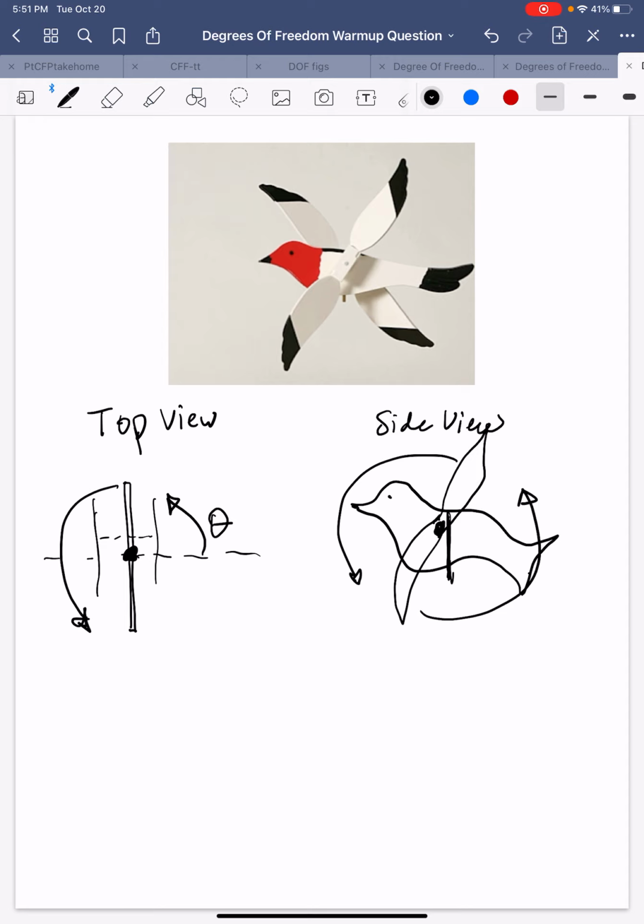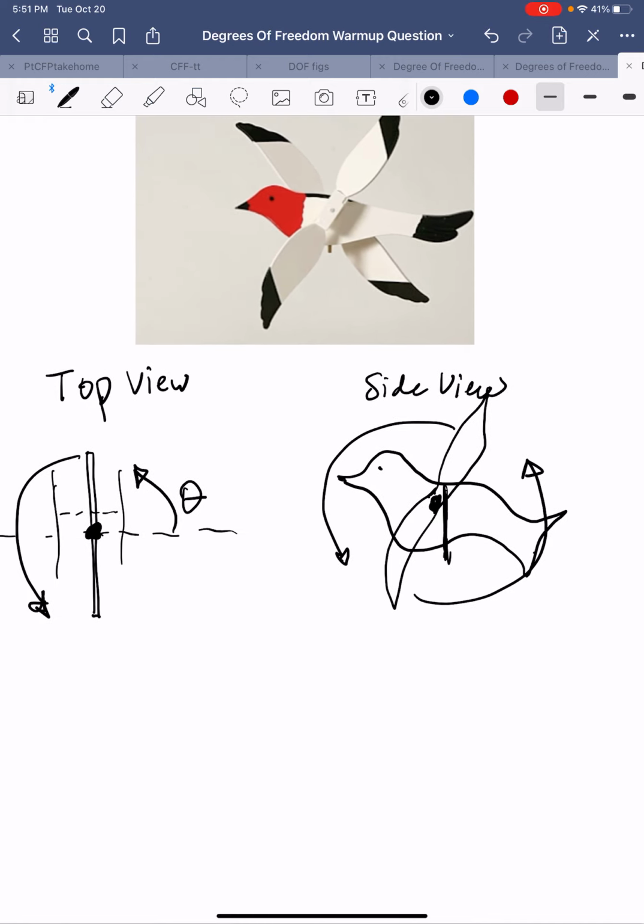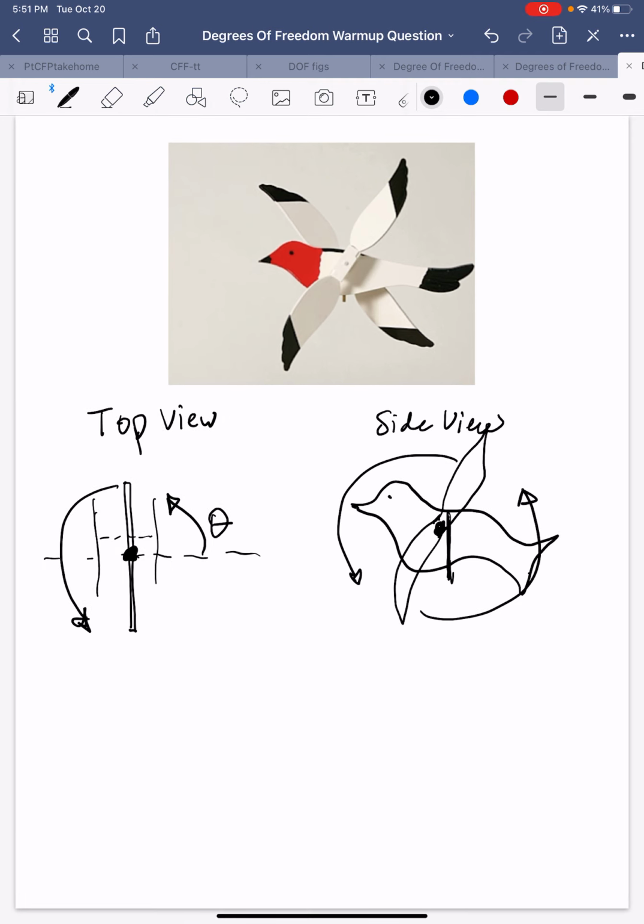And again, we could imagine measuring the position of those wings with some angle. Let's call it phi, right? So that angle phi would tell you where are the wings in this vertical plane, and then the angle theta would tell you where the whole bird's body is in the horizontal plane.